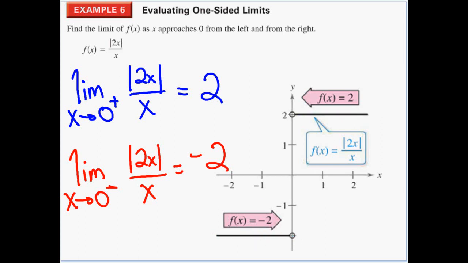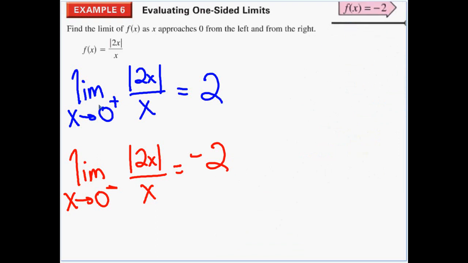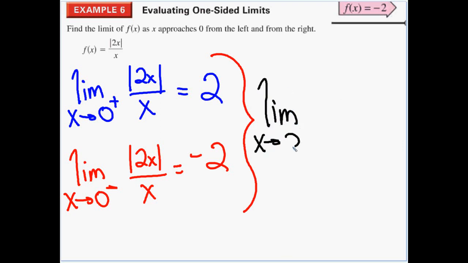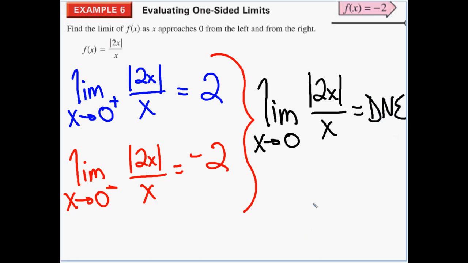So, the left-hand limit exists. It's a negative 2. The right-hand limit exists. It's a positive 2. So now we can combine these and say overall, the limit as x approaches 0 of the absolute value of 2x over x, that limit does not exist. And remember, in my class, when you say a limit doesn't exist, I want to know which one of the three reasons why it doesn't exist.